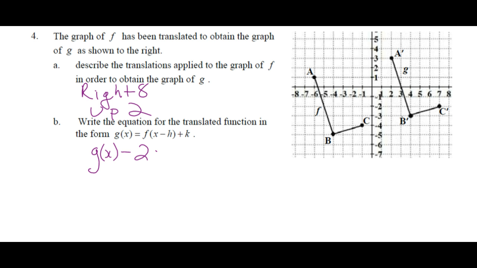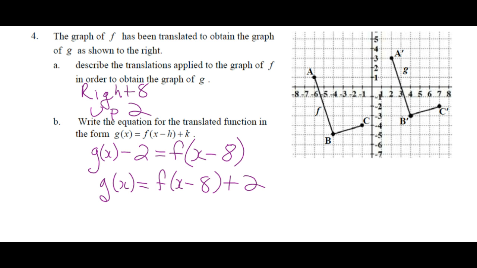So g of x minus 2 is f of, okay, so how do we go right 8? x minus 8. Okay, and now what we want to do is move the 2 over, because g of x has to be isolated, right? That's what it asked for. So g of x is f of x minus 8 plus 2.